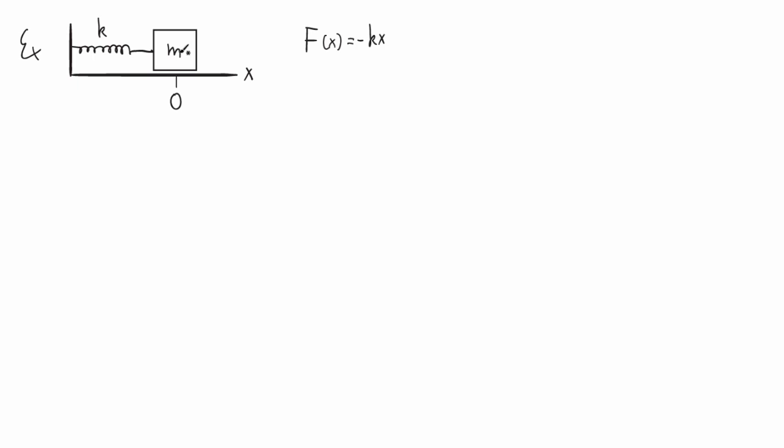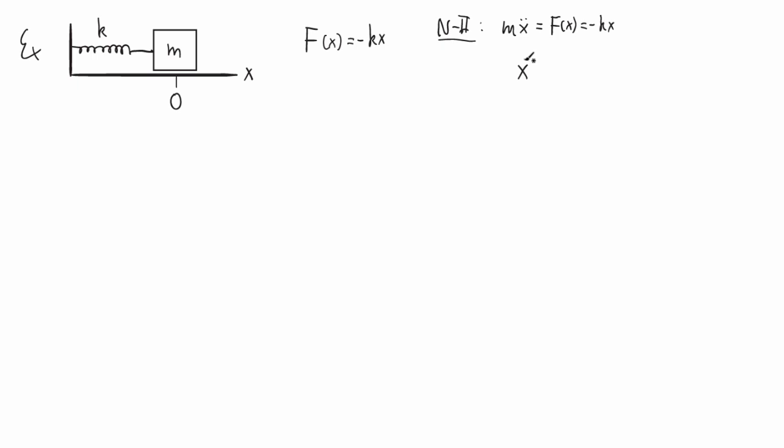Right? If the mass moves to the right, then there's a force towards negative x. If it moves to the left, there's a force that pushes it back towards positive x. So that's described by this formula. We have Newton's second law, which has, of course, that m x double dot equals this force, which is then minus kx.